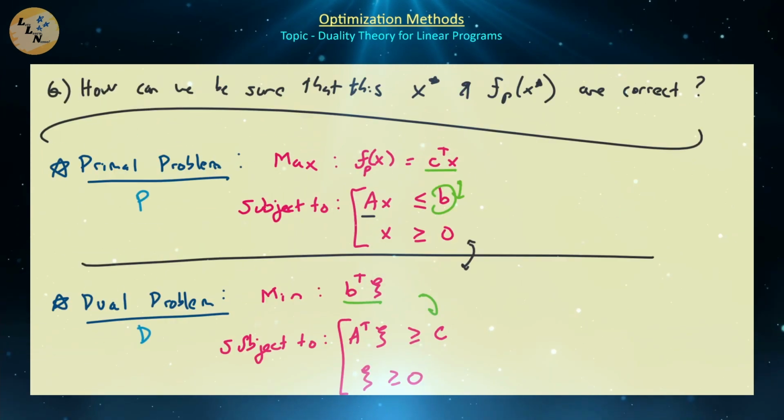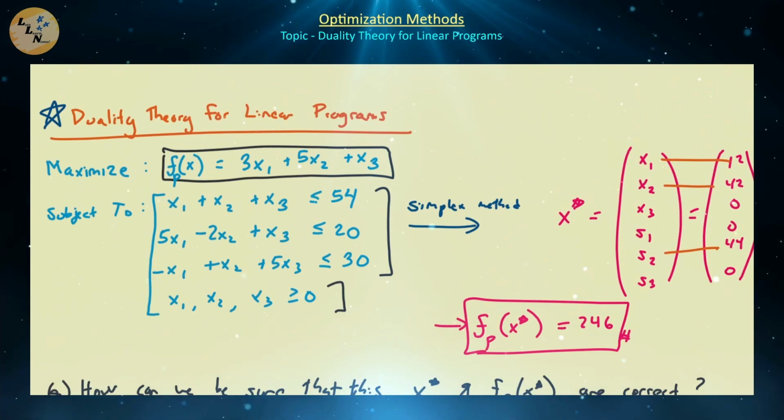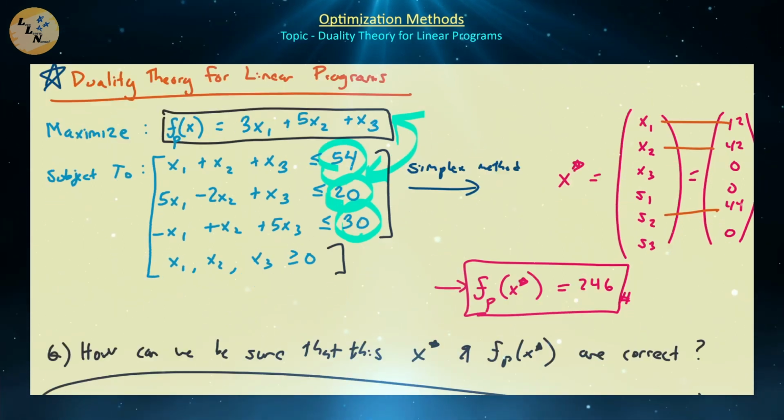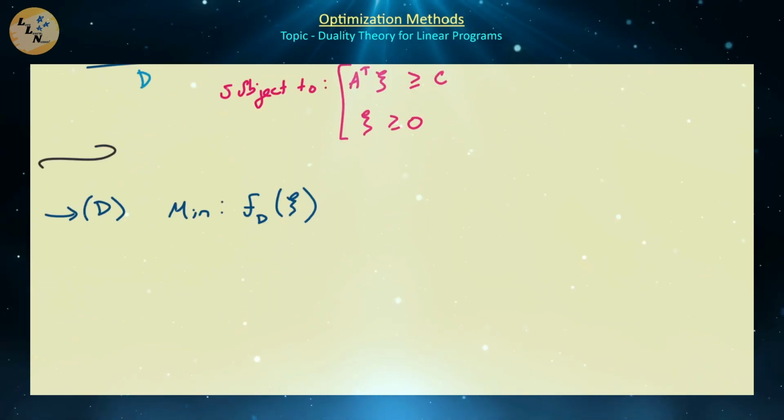So remember our coefficients from our previous problem. Our previous coefficients in our matrix were 54, 20, and 30. So our b's are going to become our c's in our objective function, and our c's are going to become our b's in our constraint matrix. So 54, 20, and 30 are going to be the coefficients of psi1, psi2, and psi3.